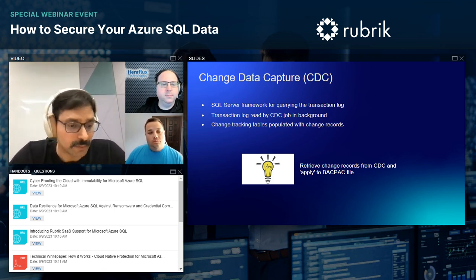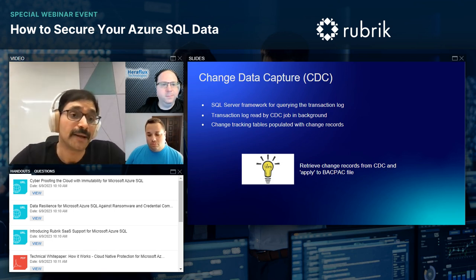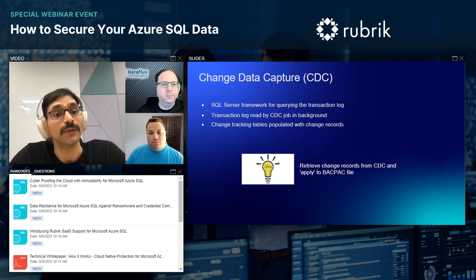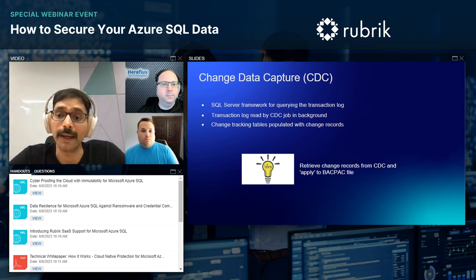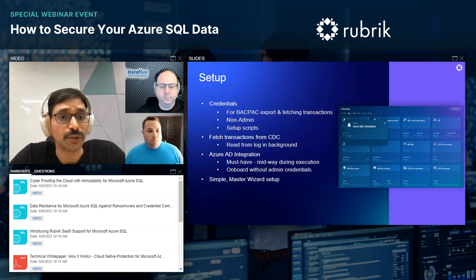We've come up with an algorithm to do that, and that guarantees transactional consistency for these backpack files. And now they're worth calling a backup, so to speak, right? We make use of CDC to do this, and as a result, it involves a bit of setup, which Chris is going to talk about in his demo.